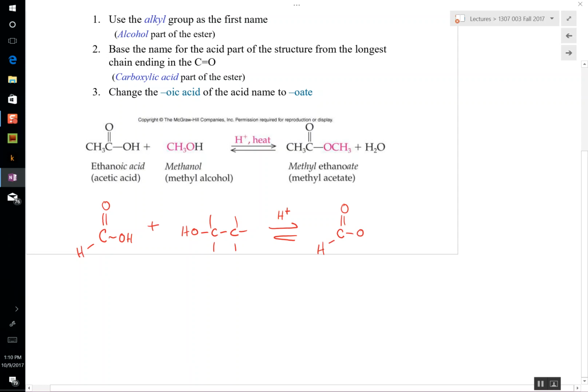So this is what that is going to look like. This is going to look like that in the ester. We're going to lose this OH right here. So we're losing that OH, so this portion of the molecule is going to look like this.